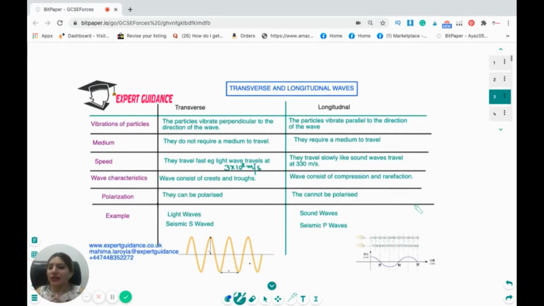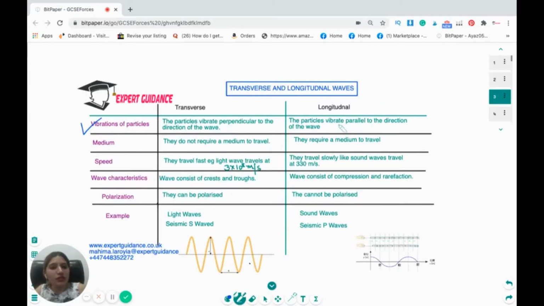Okay, so now let us look at the differences between transverse and longitudinal waves in detail. The first basic difference is the definition, which is on the basis of the vibrations of the particles, like in which direction they move. So in the transverse wave, the particles vibrate perpendicular to the direction of the wave.